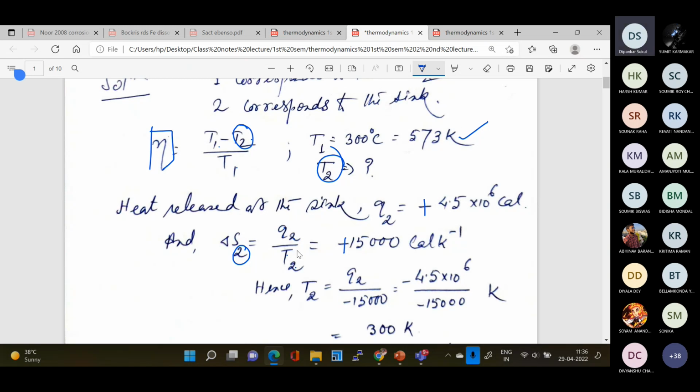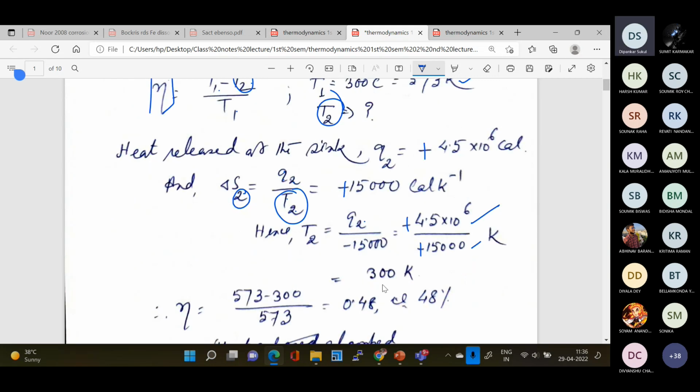So hence, what will be T2? T2 will be Q2 by delta S2. That means it will be this by this, and T2 will be 300 Kelvin.